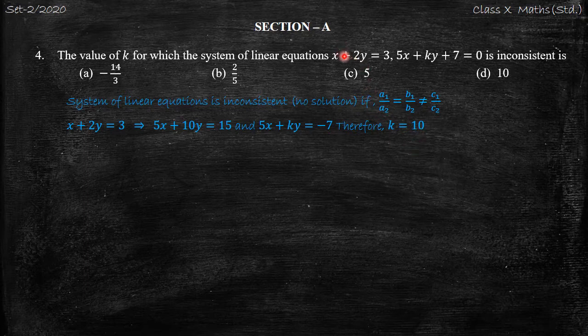To make the coefficients the same, you have to multiply the first equation by 5, so you will get this. Now the coefficient of x is the same in both equations, so to make the coefficient of y also the same, k should be 10. So the option is D.